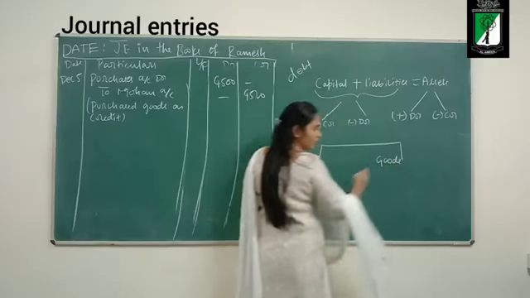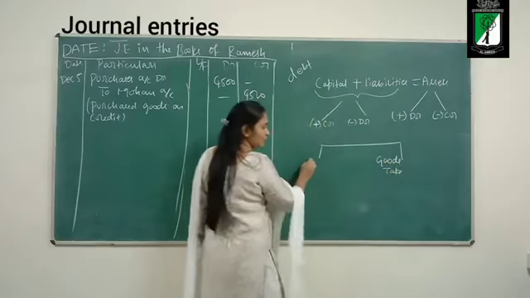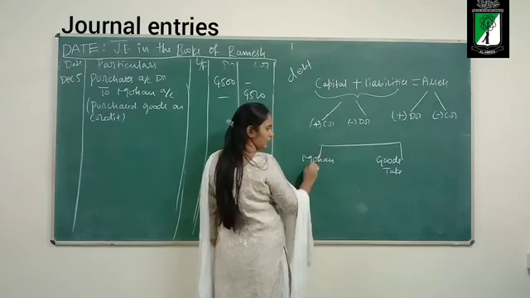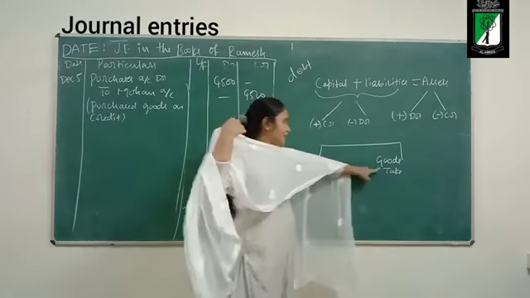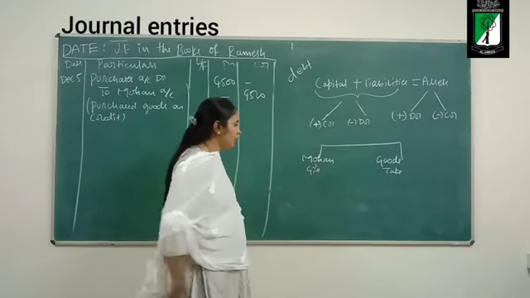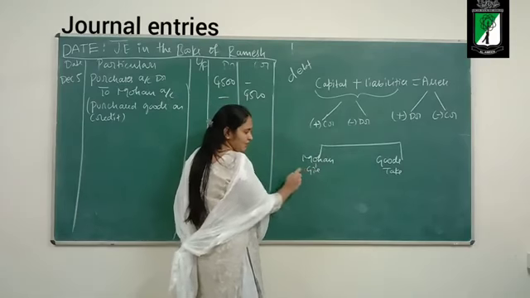Goods. Who is giving these goods? Mohan. Mohan is the giver. Take aspect is goods. Give aspect is Mohan.